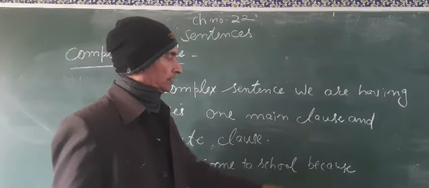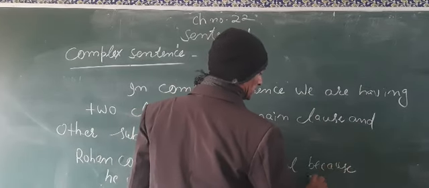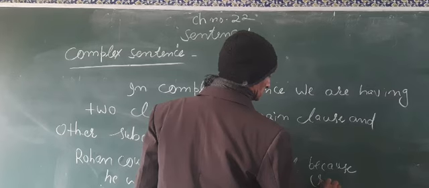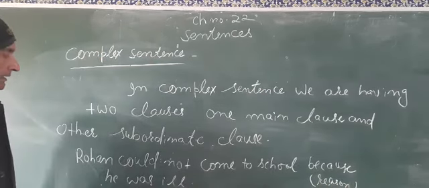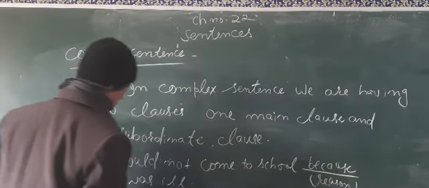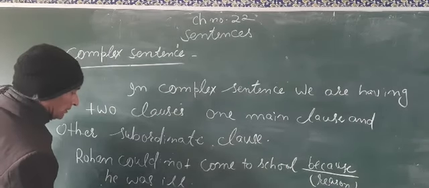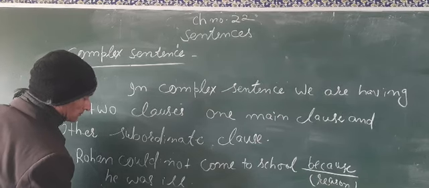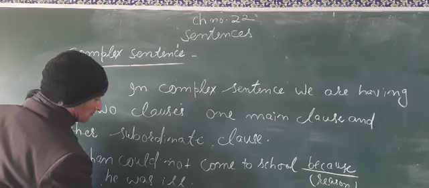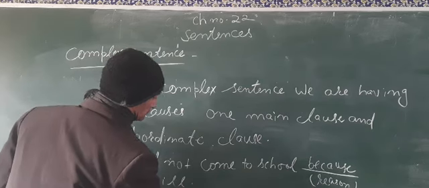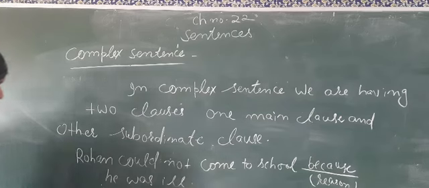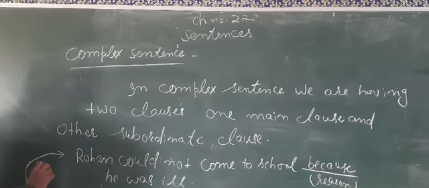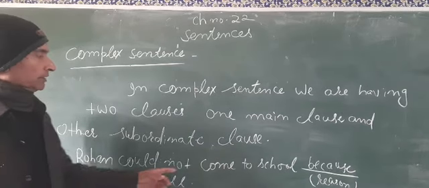Because is showing, this is showing reason. This clause, because he was ill, is the subordinate clause. This is the main clause: Rohan could not come to the school.